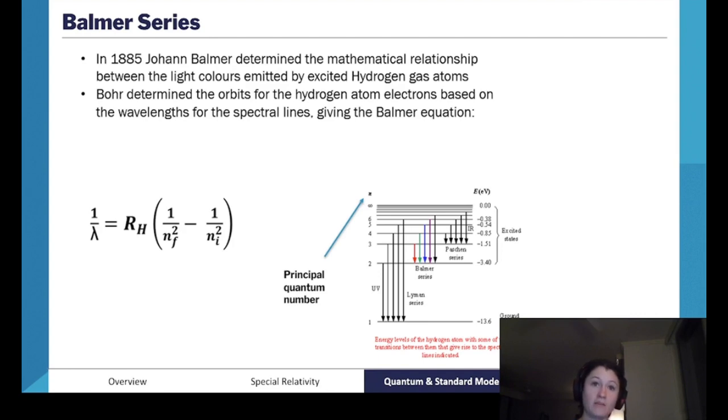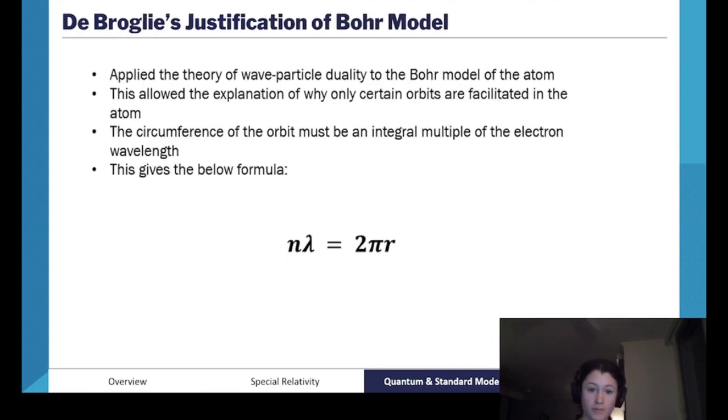So we have a formula for determining the relationship between the wavelength and the number, the final and initial number. So Bohr determined the orbits for the hydrogen atom electrons based on the wavelengths for the spectral lines. Right? So, we also have de Broglie's justification of the Bohr model.